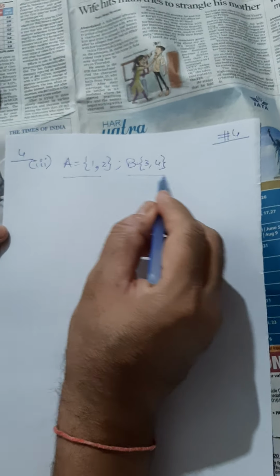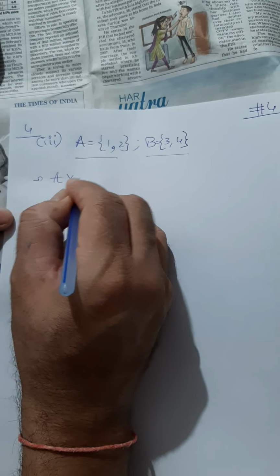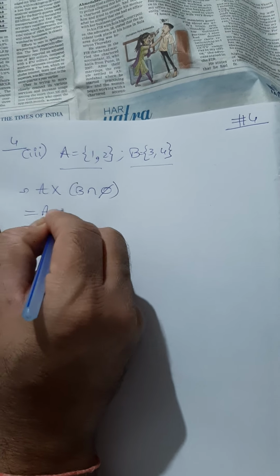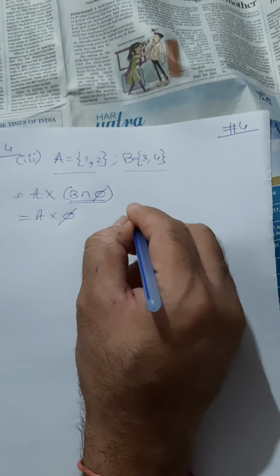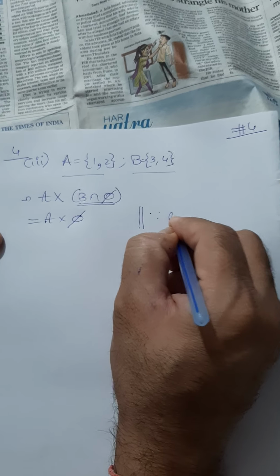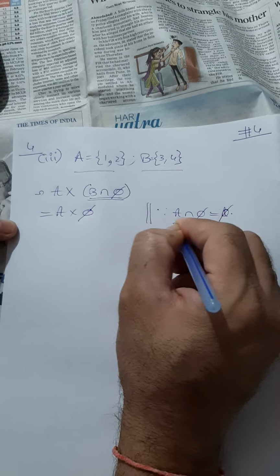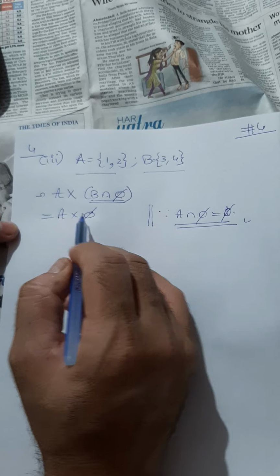So A is this, B is this. You want the answer to this one: A cross B intersection phi. A cross as it is. You know B intersection phi is always phi. A very standard property: A intersection phi is always phi. Intersection of the null set with any set is the null set.